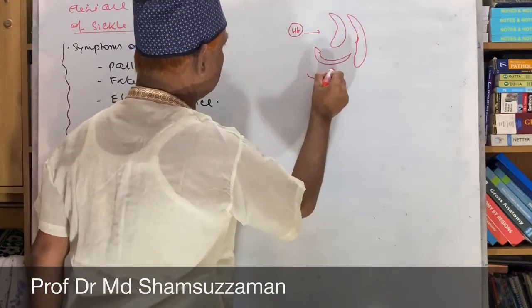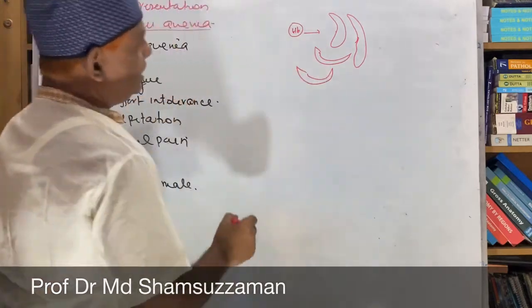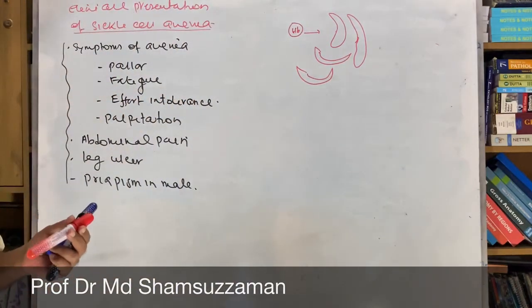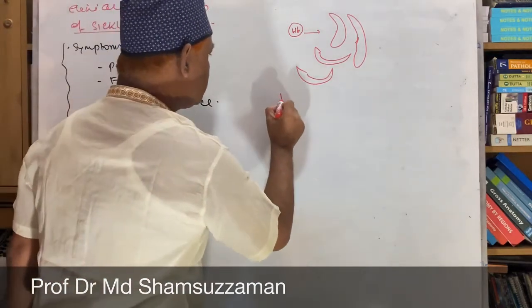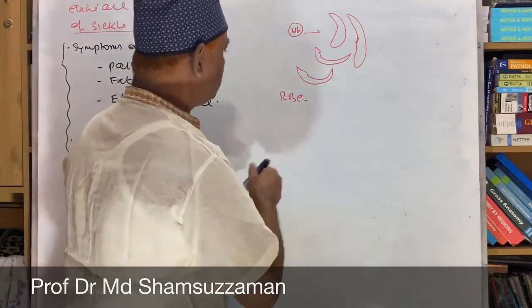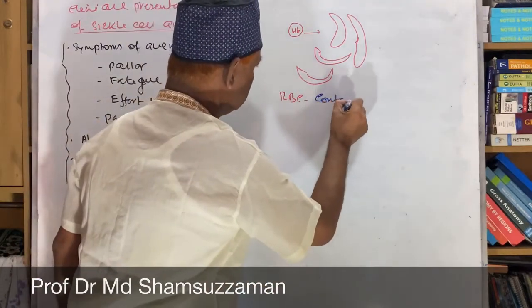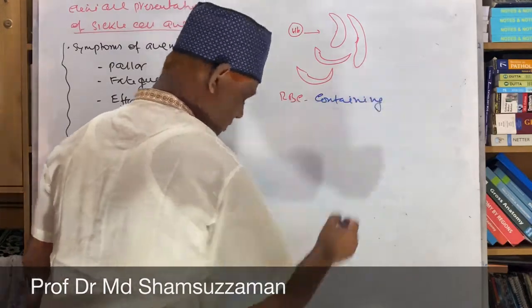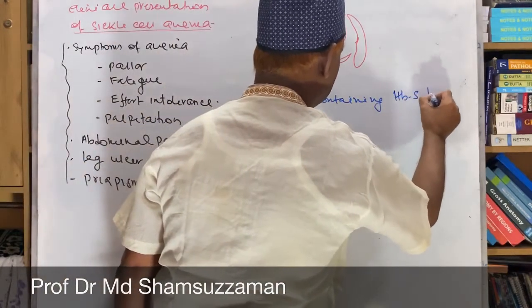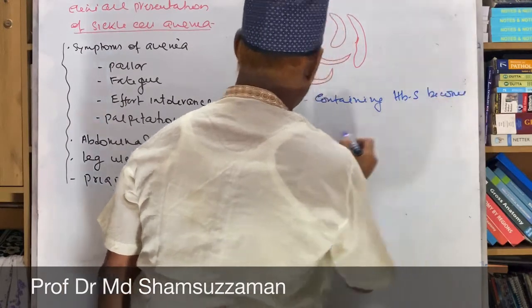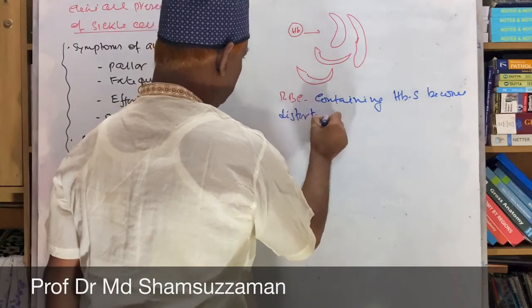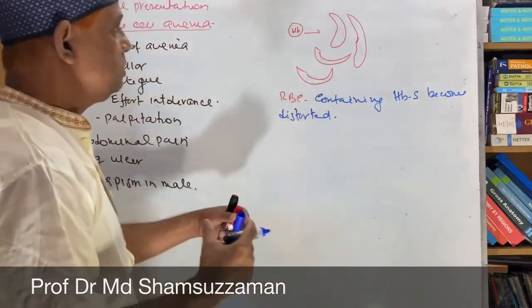If the cell contains hemoglobin S sufficiently, the RBC becomes distorted.